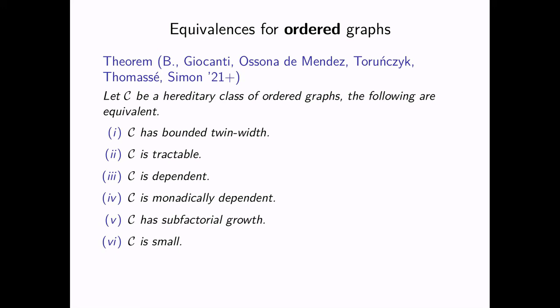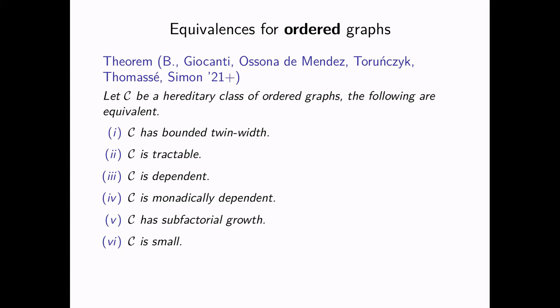And here it's very nice because we know how to efficiently compute a sequence, or how to efficiently approximate a good sequence. And all those notions that could not coincide for unordered graphs, because bounded twin-width and bounded degree are incomparable, and bounded degree is a tractable class, a class where FO model checking is FPT.